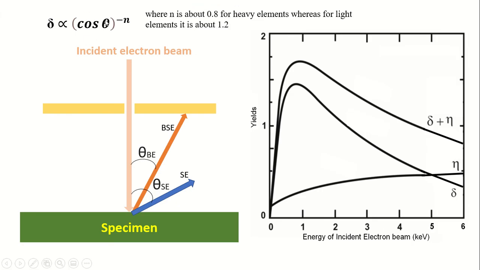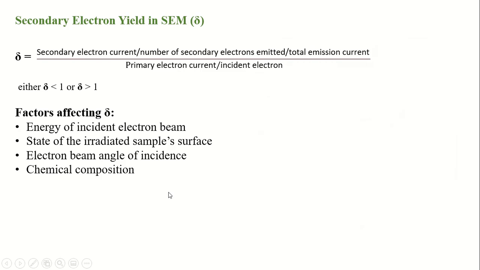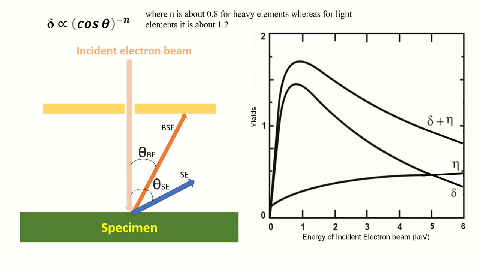So the larger the theta, the greater will be the yield, because this secondary electron has less energy and the detector position is right there. So in total, if you want to get a better SE image, you have to maintain the inclination of your sample.